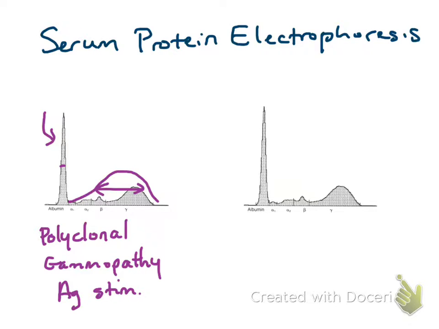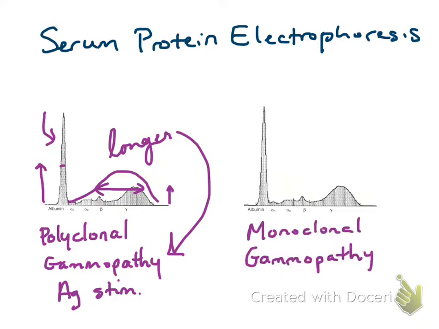And the way we do that is I go halfway up the globulins peak, and I look at the distance halfway up the globulins peak, and then I go halfway up the albumin and look at the width of the albumin peak and kind of compare those two widths. So this one's longer, so the interpretation would be polyclonal gammopathy, i.e. inflammation.